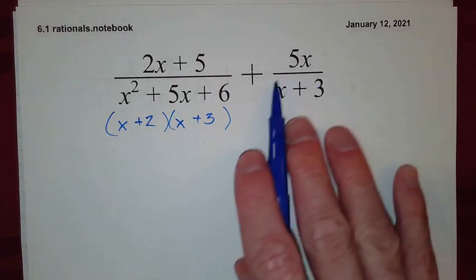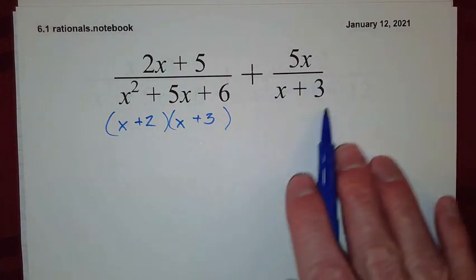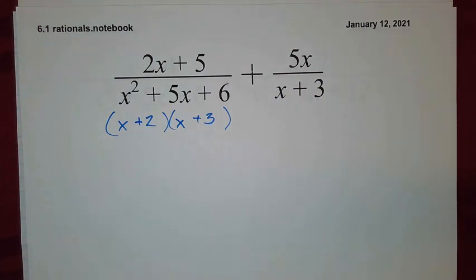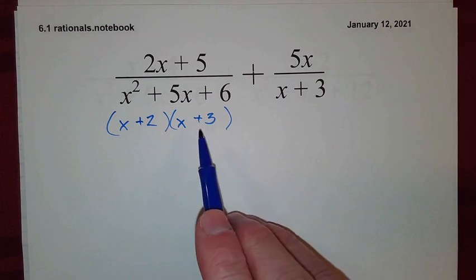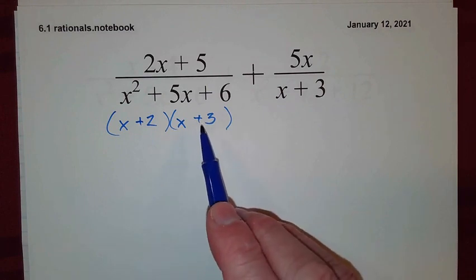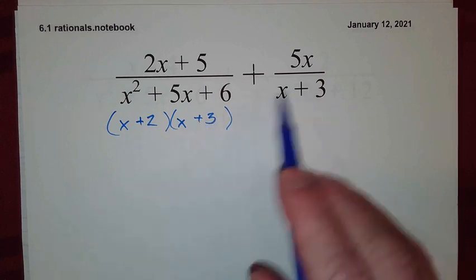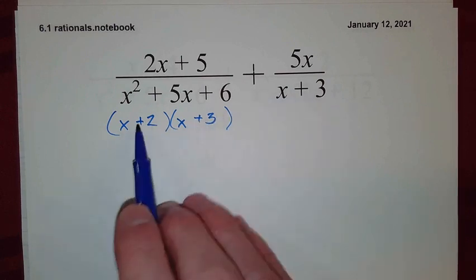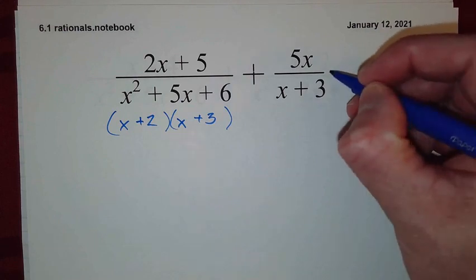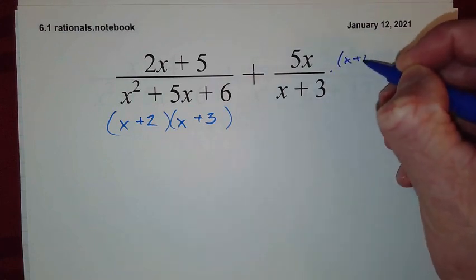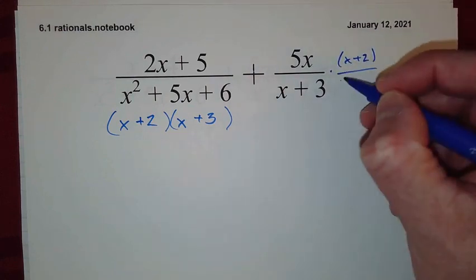In order for these to be interesting, one of the factors probably matches up with the other factors in the denominator. In this case, x plus 3 matches up. So, picking up where we were doing problems yesterday, I have the x plus 3 in both of the denominators. So far, so good. I need an x plus 2 in this one also, so I'll multiply by x plus 2 over x plus 2.